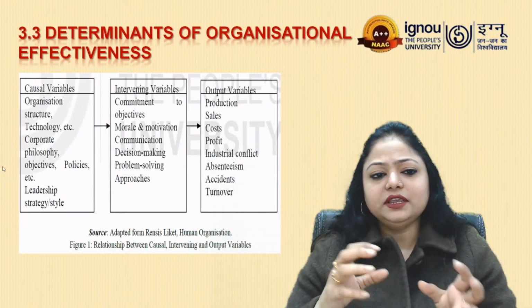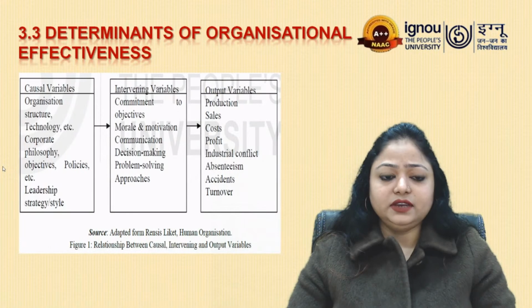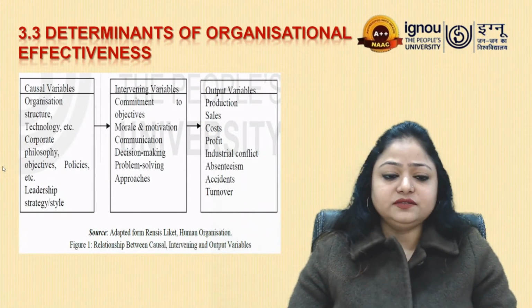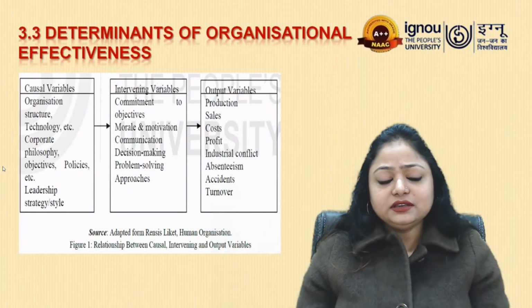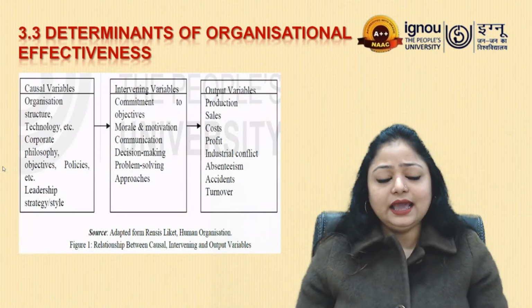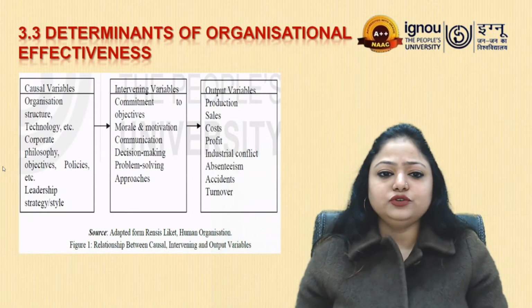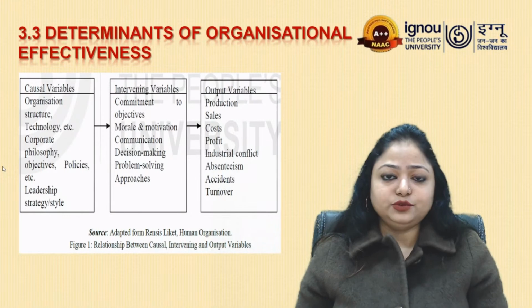And the causal variables as well as intervening variables together give us the output variables, and the interdependency and interaction of these two classes of variables lead to the output variable. What can be the output variables?